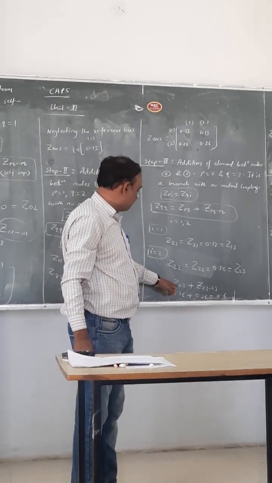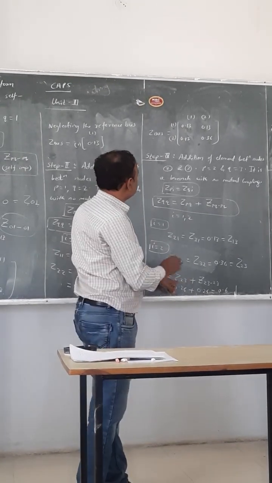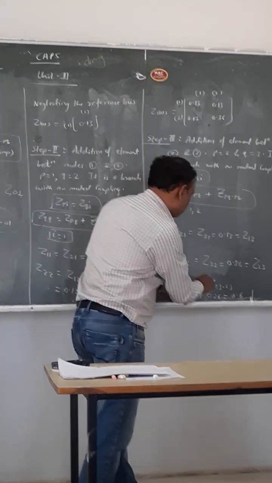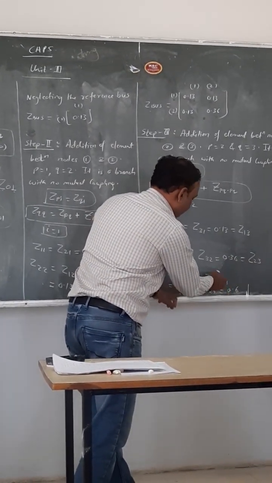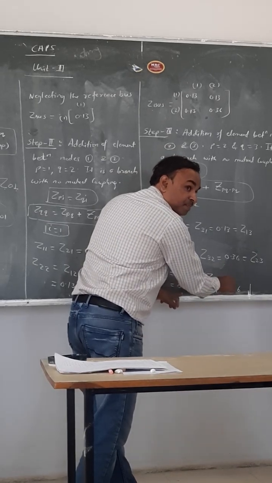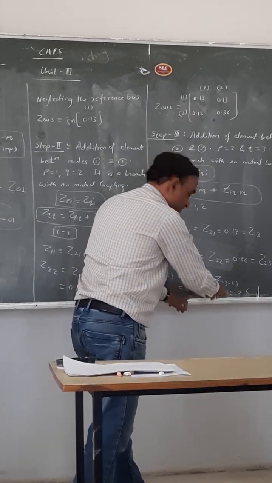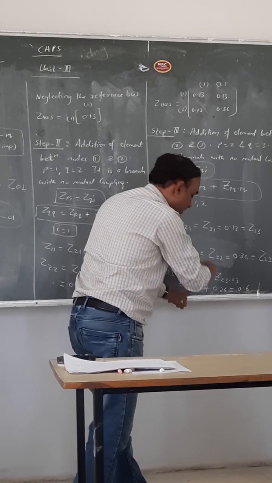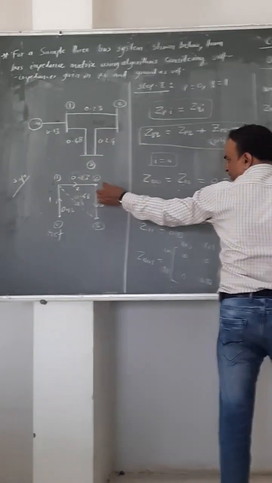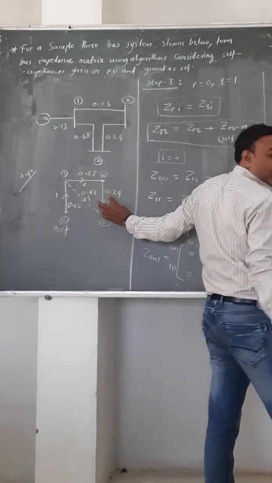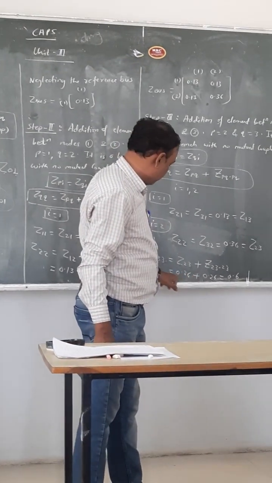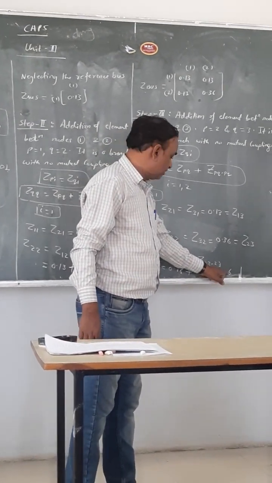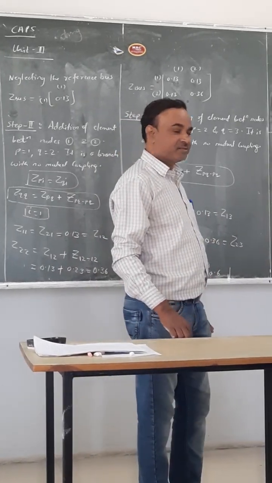So what is the value of Z23? 0.36 plus. From where will you take this value? From the figure. This value you will have to take from the figure. Z23 dash 23, what is the value? 0.24. So the addition will be 0.6. Is it clear, students? Yes.